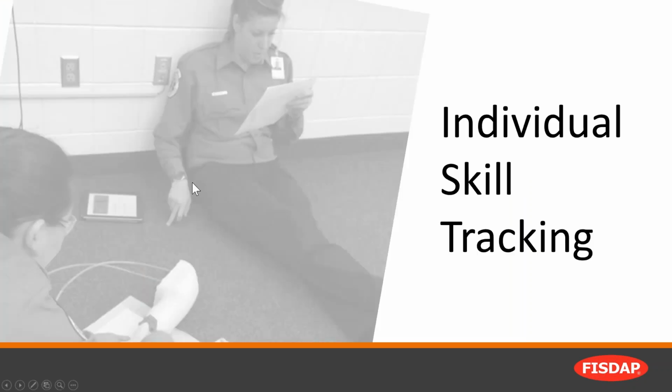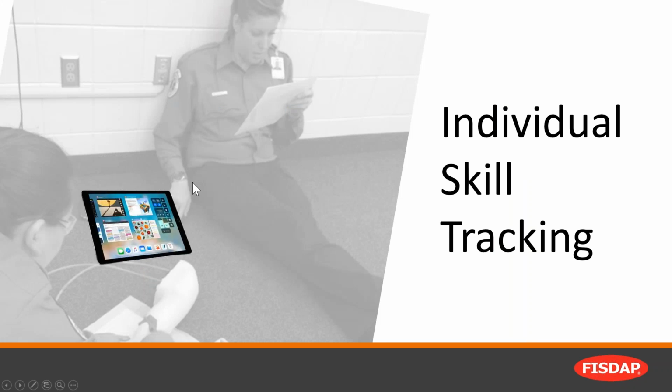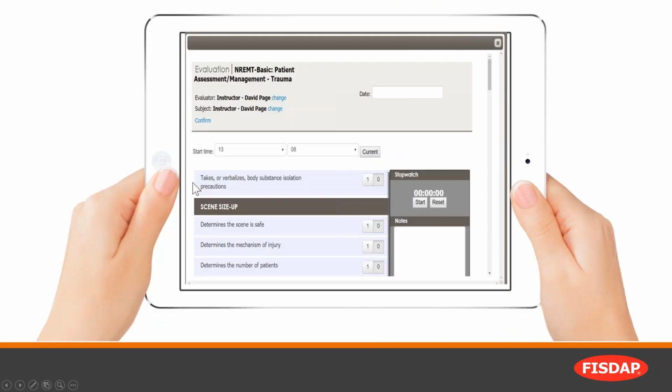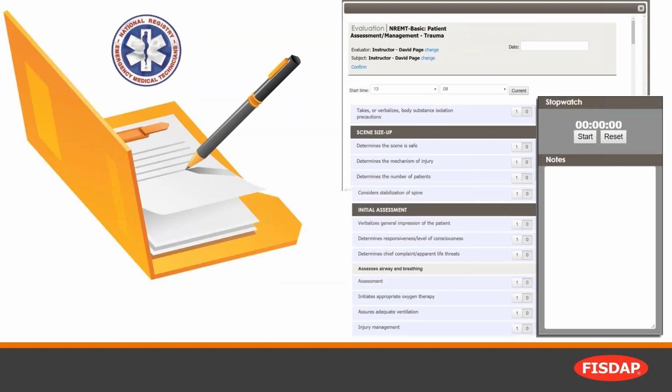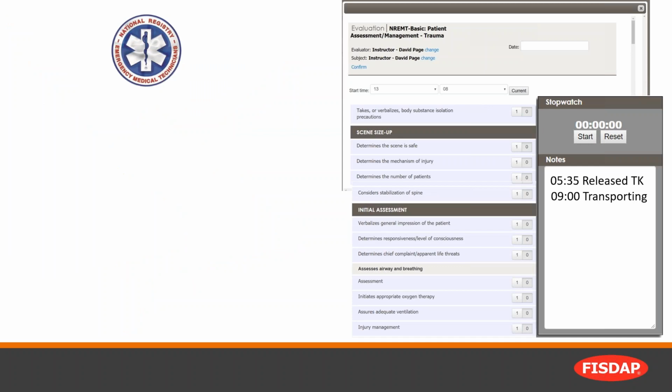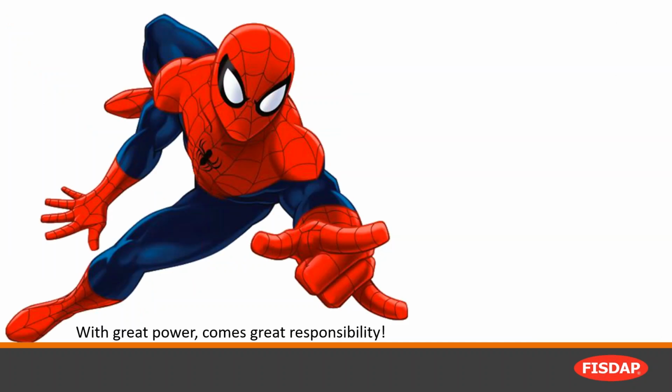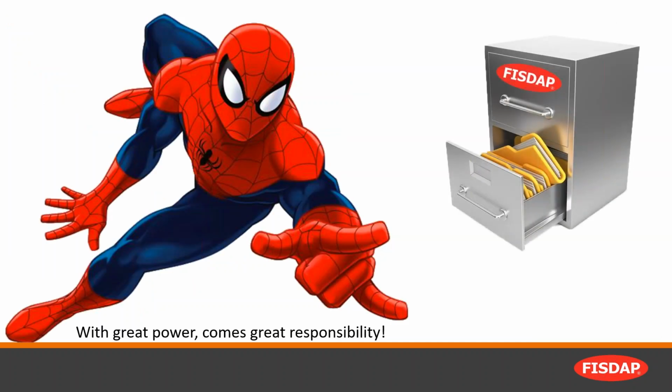So I think the other key message is that individual skills, like what we do when we do discrete skills on a check sheet that's done just in isolation, Fisdap keeps track of those in an eval, and that, as you know, is a very powerful tool that can put in all sorts of things, but with great power comes great responsibility.